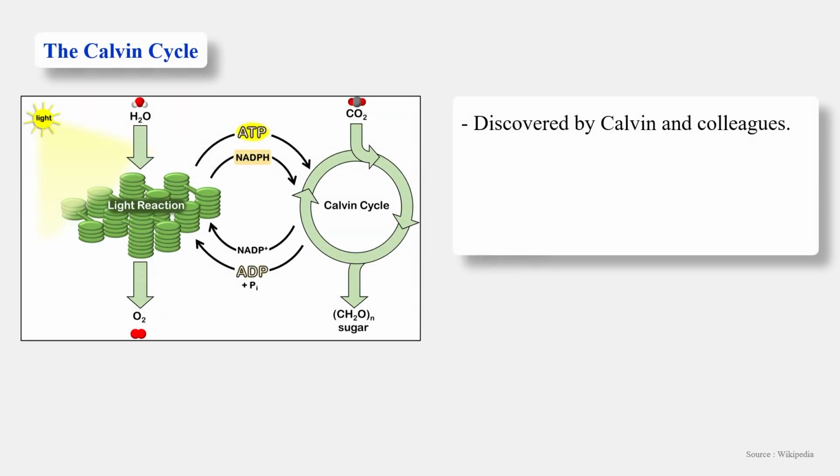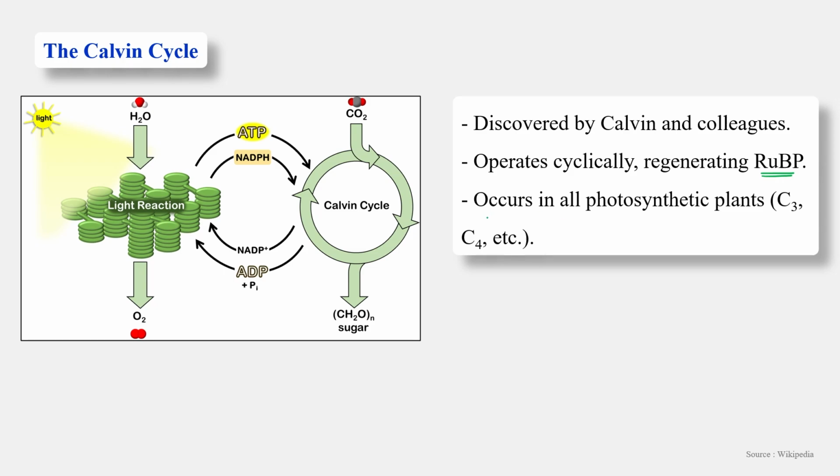Now let's discuss this dark cycle, or Calvin cycle. The Calvin cycle was discovered by Calvin and his colleagues, and it operates cyclically. It is a cyclic process which regenerates ribulose bisphosphate, the primary acceptor. This Calvin cycle occurs in all photosynthetic plants, whether C3 or C4.